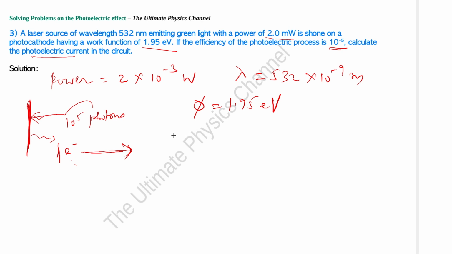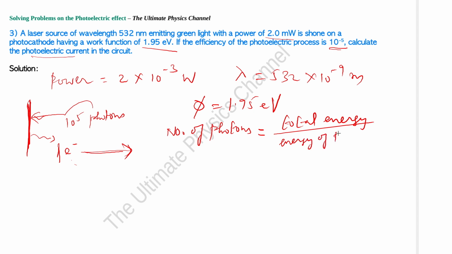The number of photons is again a formula that we have used in the previous problems. That is the total energy incident on the metal target over the energy of each photon.